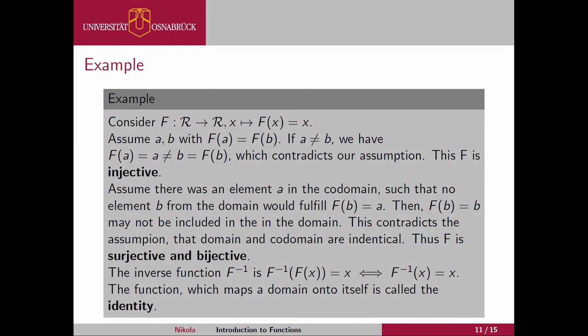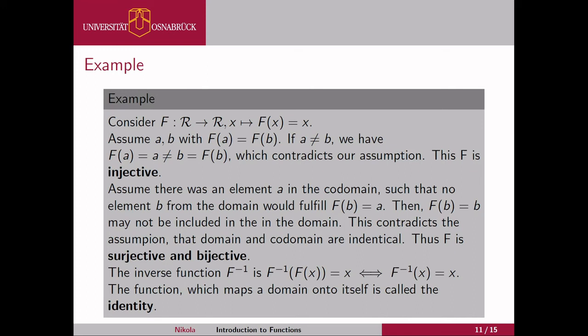F of x equals x, so f of a equals a. And we know that a is not equal to b, which again is equal to f of b. So we just proved that f of a is not equal to f of b. This contradicts our assumption. This means that our assumption must be false. This again means f must be injective.